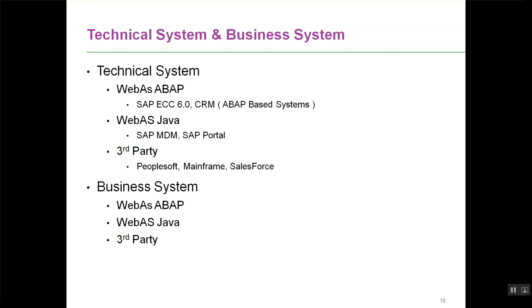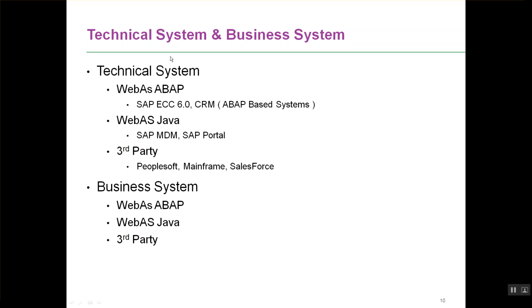Each client of an SAP ABAP system, your 000 client, your 200 client, your customizing client, your development client, each of these can have a business system. So for one technical system of type web-based ABAP, you can have n business systems created. Whereas the relationship for web-based Java and third-party is 1:1. Each Java technical system and each third-party technical system can have only one business system associated with it.